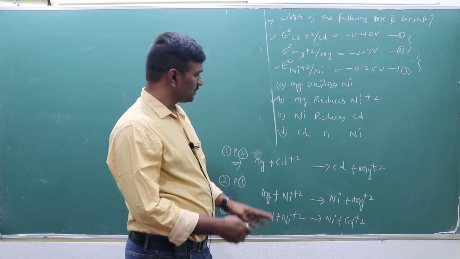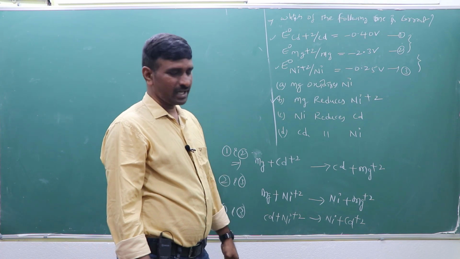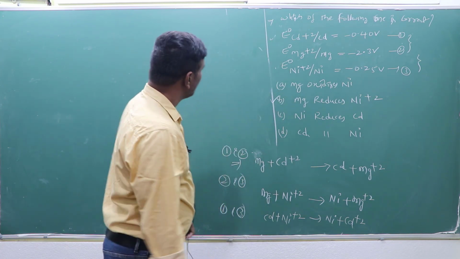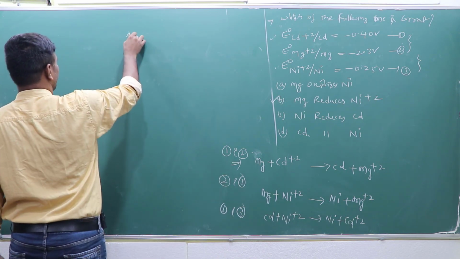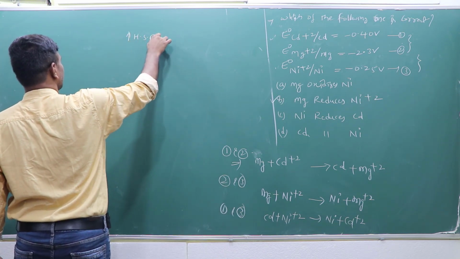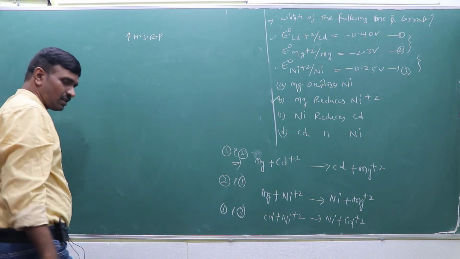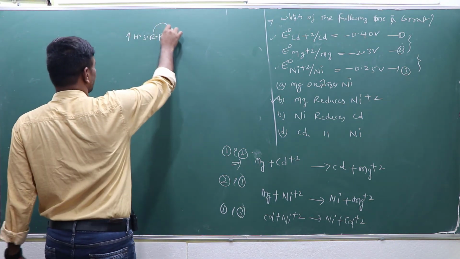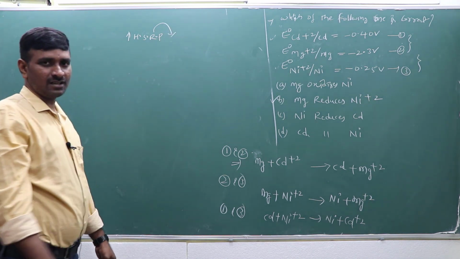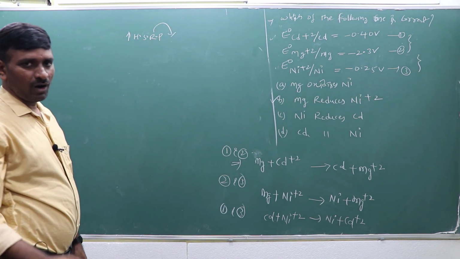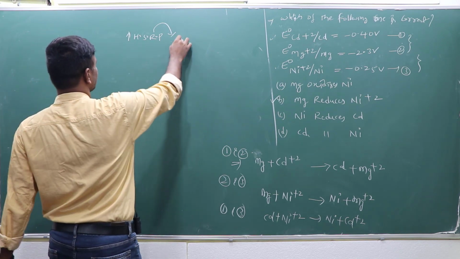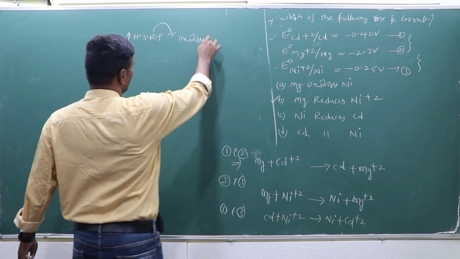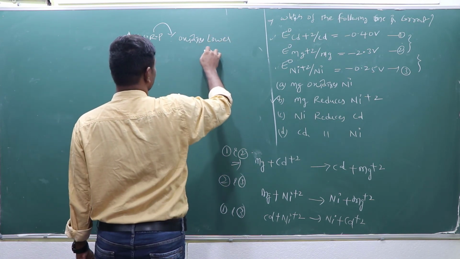Or you don't need to write the reactions sometimes, based on the given data. Whichever has the higher standard reduction potential value, comparing the data, that oxidizes the lower standard reduction potentials.